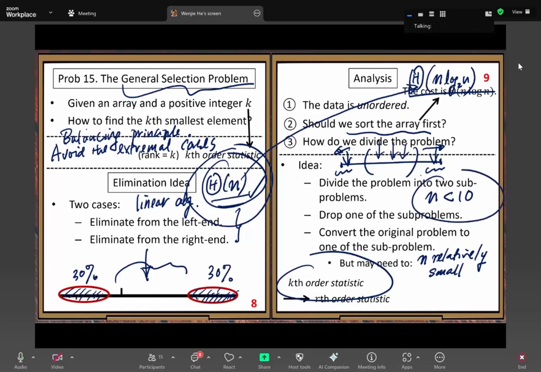Then it is not too hard. One commonly given question is to find the median. That's one of the common cases. And another one, second largest.